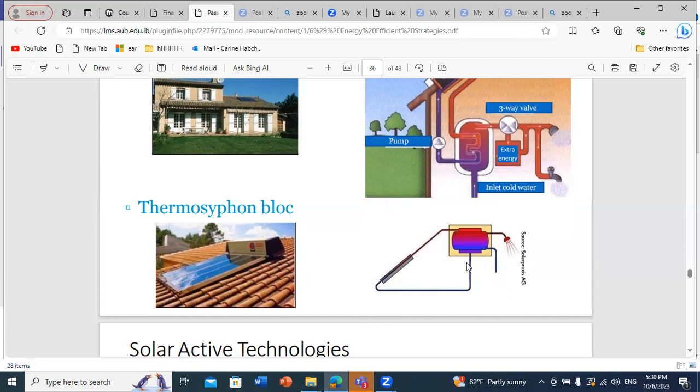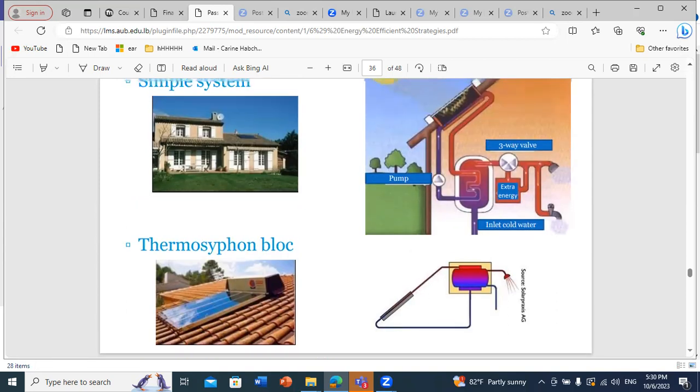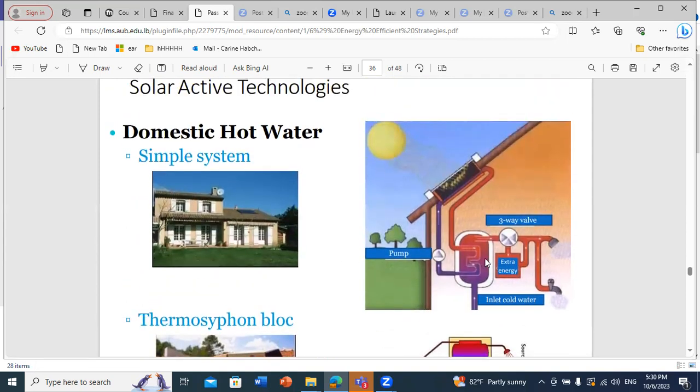In this case you don't need a pump, but of course this is restricted to maybe a single story building. Whenever you have several floors or you want to pump the water for long distances, you cannot rely on just a passive system. You need to use an active system, and then you just have to put a pump. And if you use the pump, you can distribute this energy, for example, directly for direct use of water, or if you don't need it now, you can just store it in a reservoir.